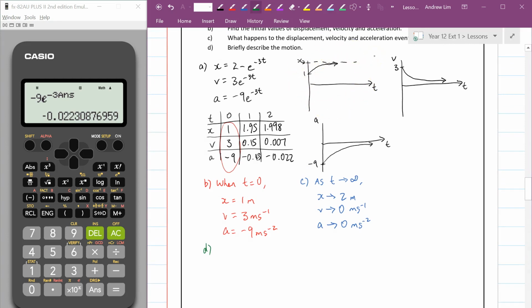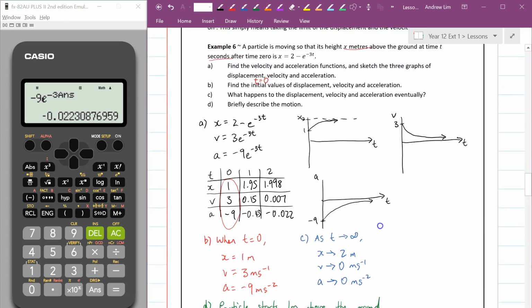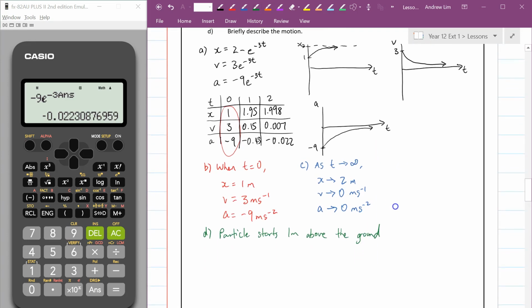So we can see that the particle starts 1 meter above the ground, with initial velocity, that's when t is equal to 0, which is 3 meters per second.